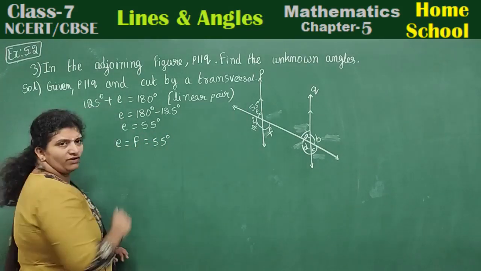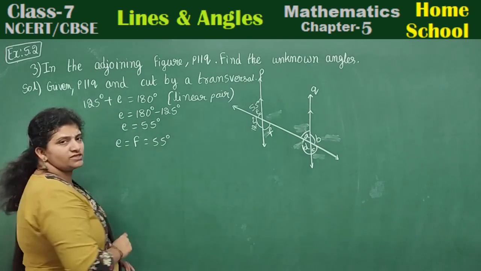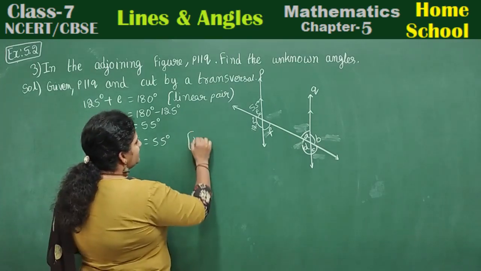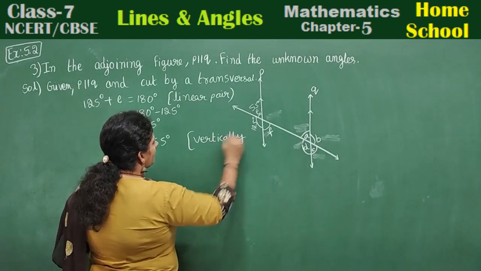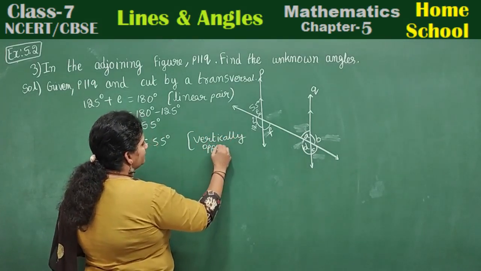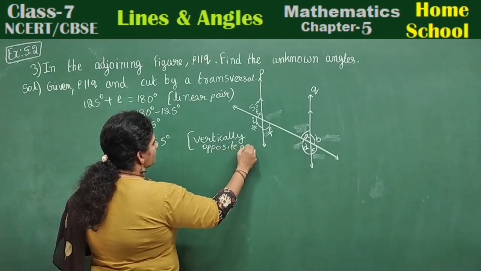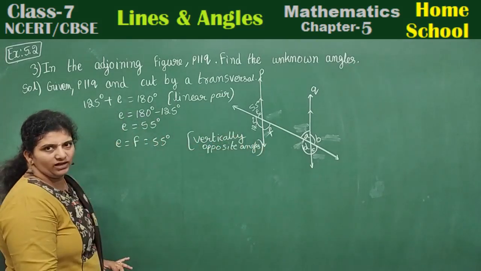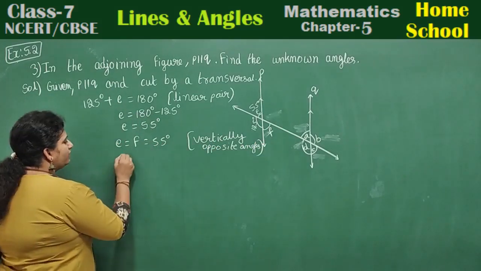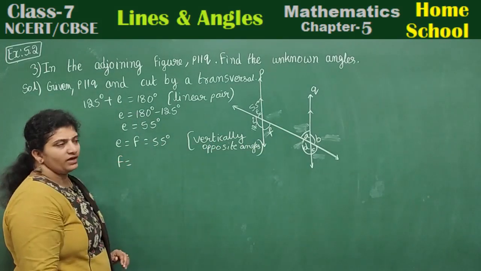I know E is 55 degree. Reason: vertically opposite angles. I say that these two angles are equal.